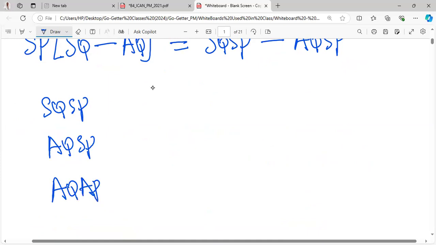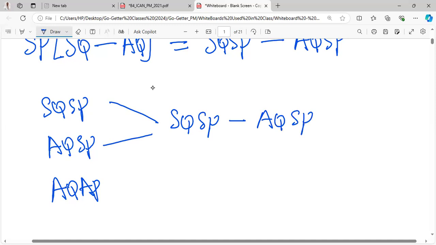Now, I want you to watch something here. When I compare these two, what I get here is standard quantity, standard price minus actual quantity, standard price. What have I done?